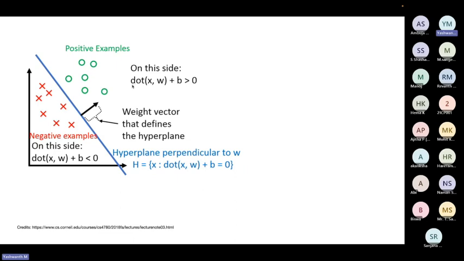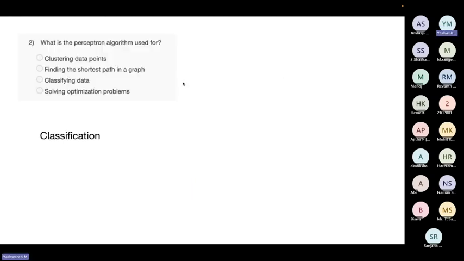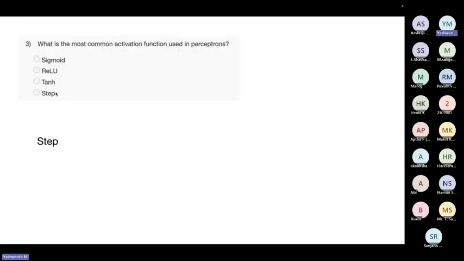So to classify, you put a sign function on the dot product of this thing. The sign of a positive is +1, the sign of a negative is -1. So that's the reason this is called a step. Anything positive, you call it +1, anything negative, you call it -1.